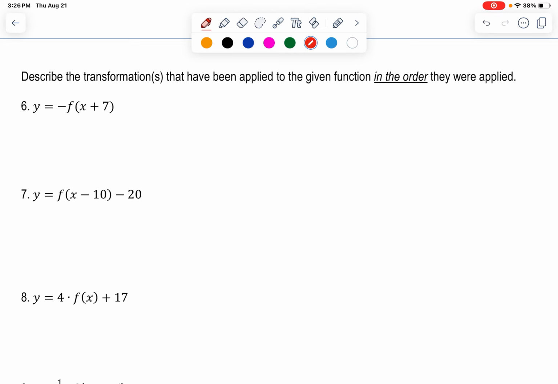Okay, so if you look here, there are two transformations that are happening. There are this and this. So we will start inside the function because H is inside. So we're going to start with H. H is your horizontal shift, left or right. This right here is moved to the left. So our first one is going to be a horizontal shift, horizontal translation, left 7.